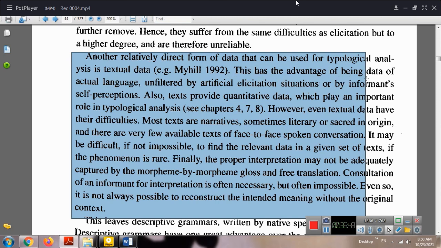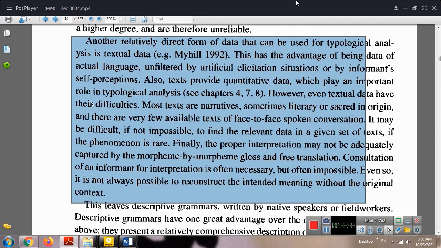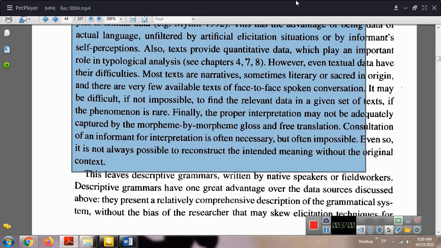This has the advantage of being data of actual language, unfiltered by artificial elicitation situation or by informant's self-perception. Also, texts provide quantitative data which play an important role in typological analysis. However, even textual data have their difficulties.